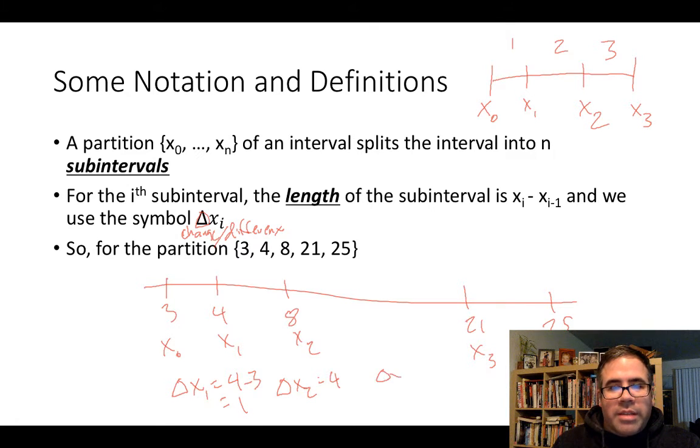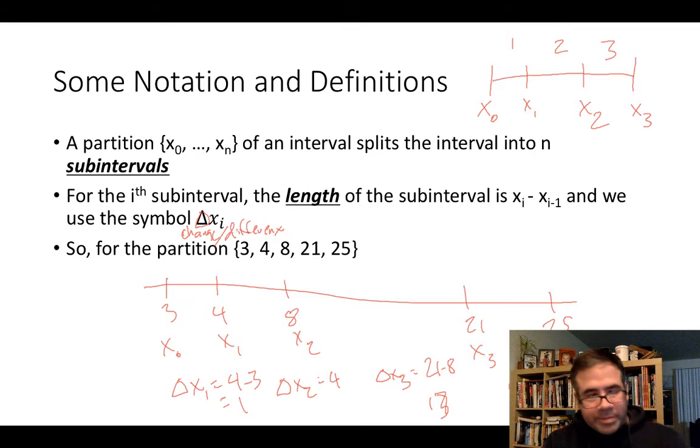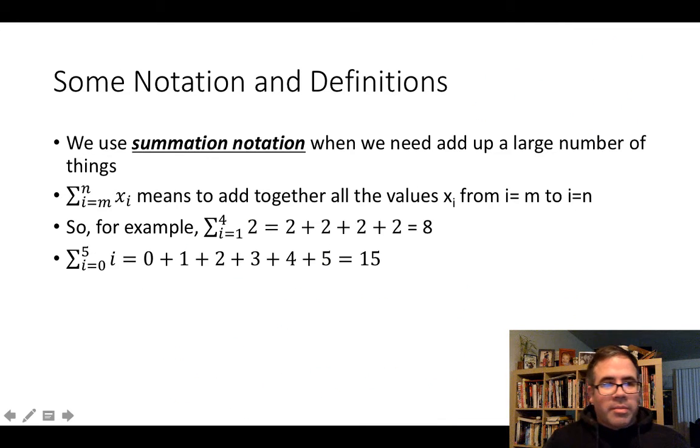Our delta x3 is going to be 21 minus 8, which is 13, and our delta x4 is going to be 4. So the key value from here is to just know about subintervals, but we are interested mostly in this notation for the length of a subinterval. Moving on.